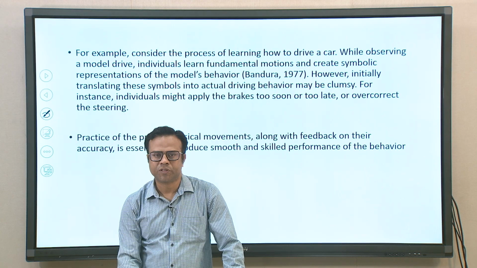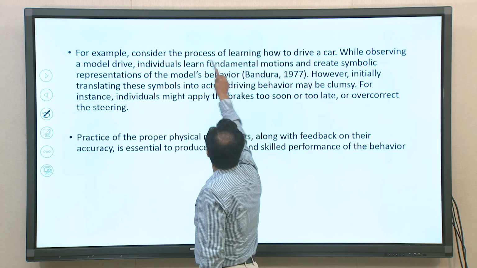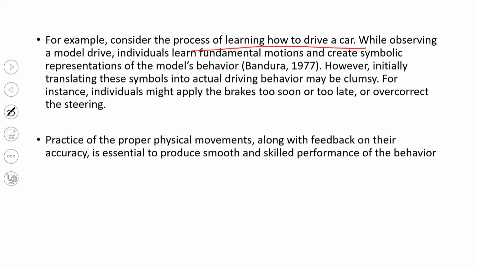For example, consider the process of learning how to drive a car. While observing the model drive, individuals learn fundamental motions and create symbolic representations of the model's behavior. Let us say you are learning to drive with someone else, you may pay attention, you may remember what the person is doing in terms of images and in verbal format, everything is there.